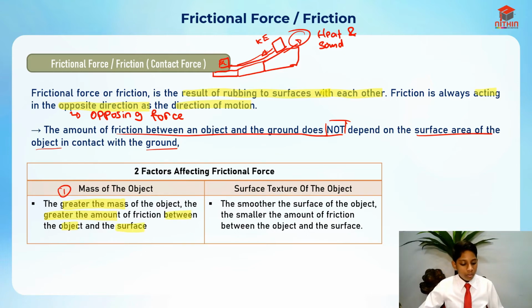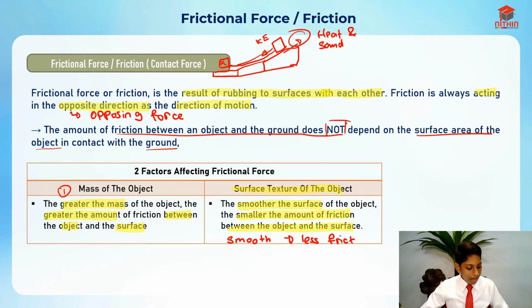Okay, so the surface texture of the object is also in consideration. Basically, the smoother the surface of the object, the smaller the amount of friction between the object and the surface. So this means that if an object is smooth, there is less friction.